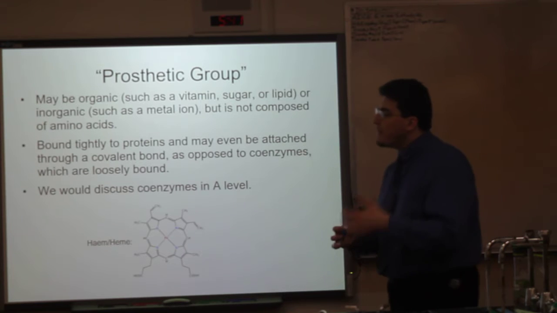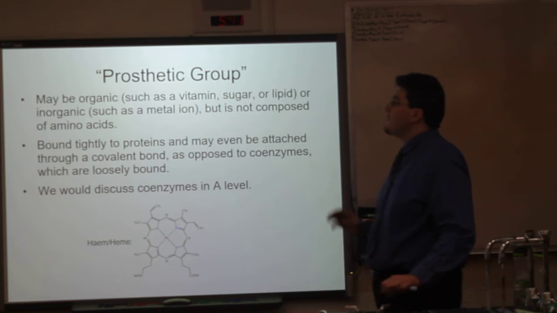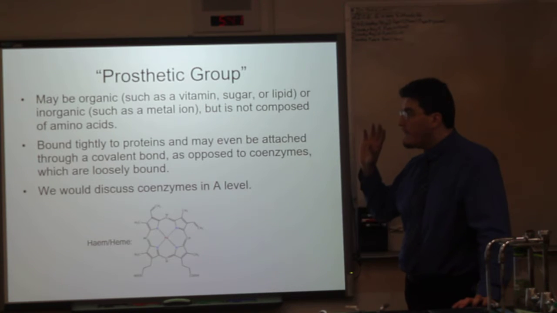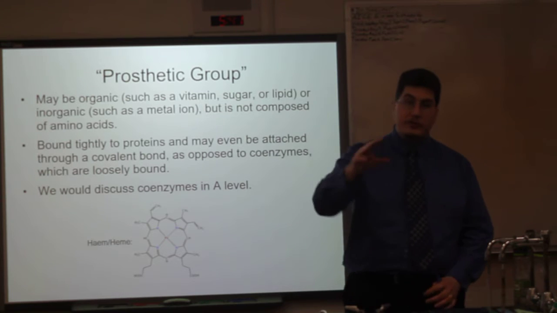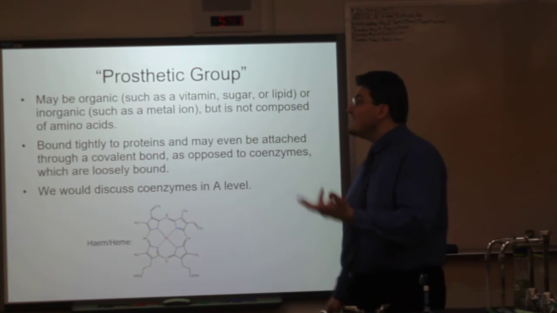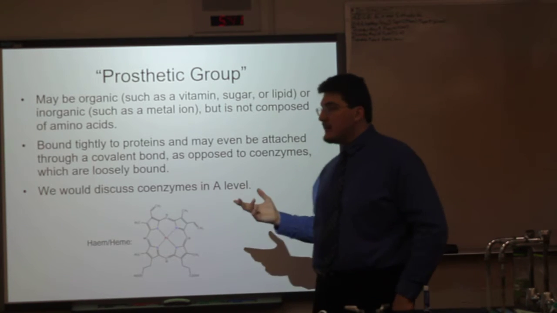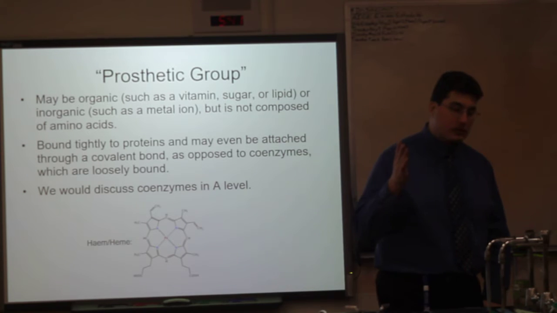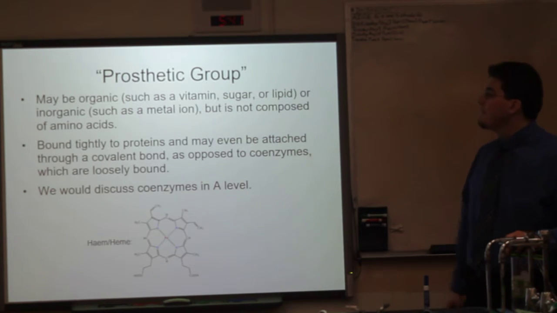But it is not composed of amino acids. It is bound tightly to proteins. It may even be attached through covalent bonding, as opposed to coenzymes, which are very loosely bound to proteins. In A level, we would be discussing coenzymes, but this is an AS level review, so we're going to stick to the AS level right now.